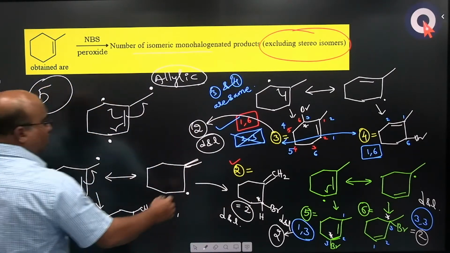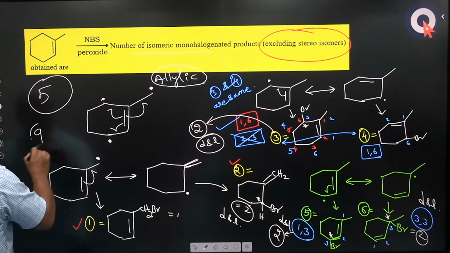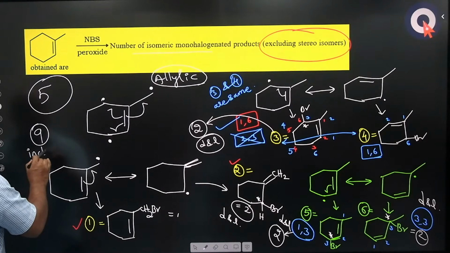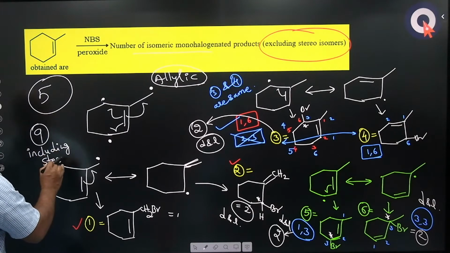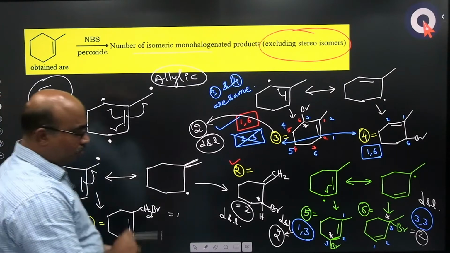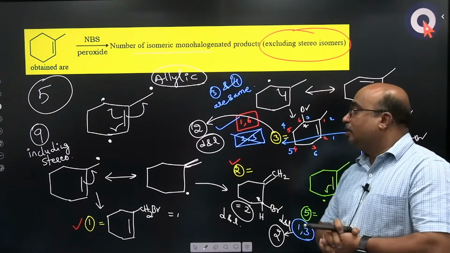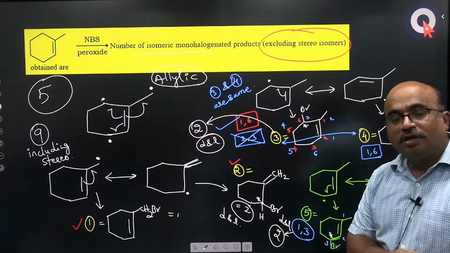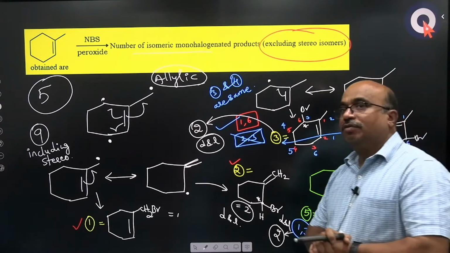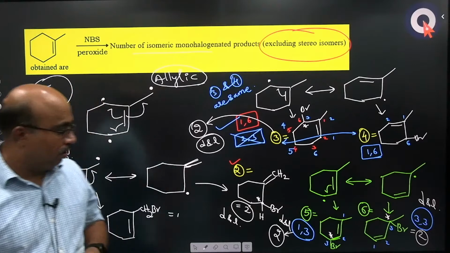So this 4 by 2 times, so totally 9 including stereo. So this is totally 9 including stereo, without stereo 5. Okay.